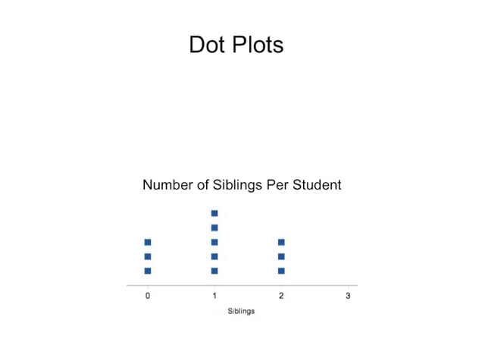We had 5 students who had 1 sibling, and there were 3 students that had 2 siblings, and there were no students that had 3 siblings. The cool thing about this is then we can see very easily and quickly that most students had only 1 sibling.